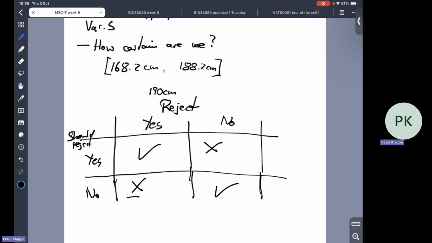Which error could cost the airline dearly, could cost the bouncer their job? In this case, they reject me, although I am true. Why is that costly?